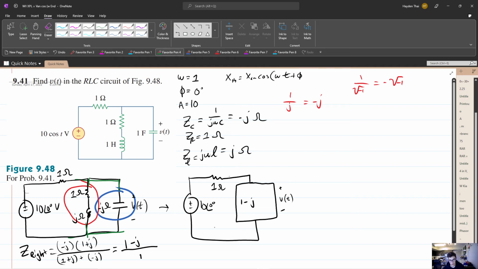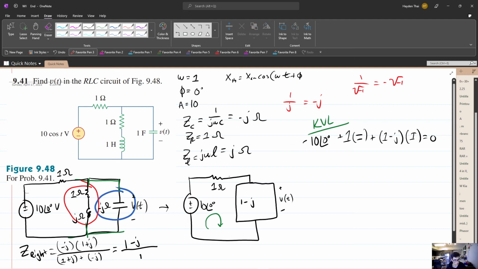I'm going to define our KVL current as clockwise. So let's do the KVL. The KVL is an extra step, but why not. Minus 10 angle 0 plus 1 times I plus 1 minus J times I equals 0.